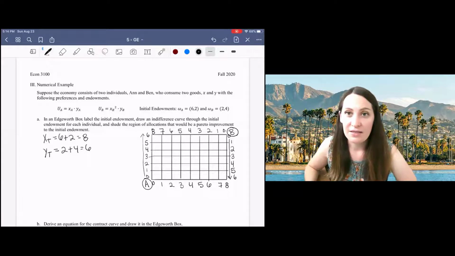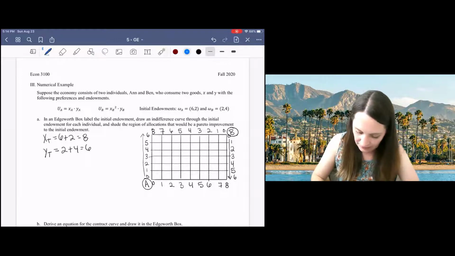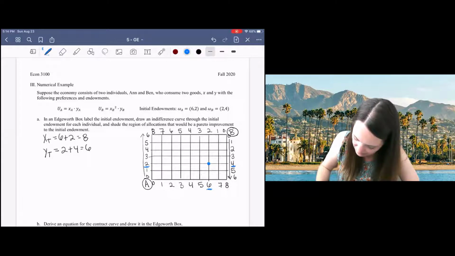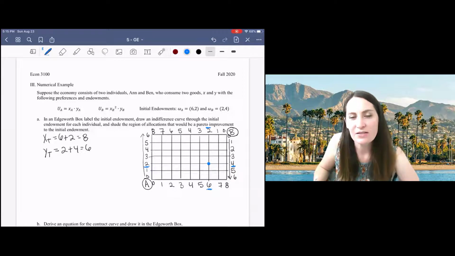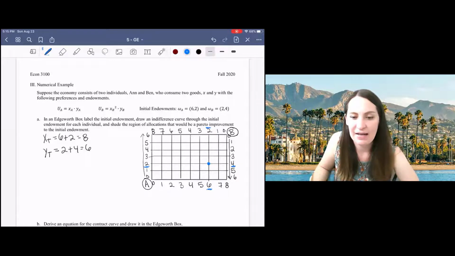Once we've constructed the box, we need to find the initial endowment point. So here, Anna has 6 units of X and 2 units of Y, which of course corresponds to Ben's 4 units of Y and 2 units of X. So that you can see each point in the box represents a different allocation of our 8 units of X and 6 units of Y between Anna and Ben.